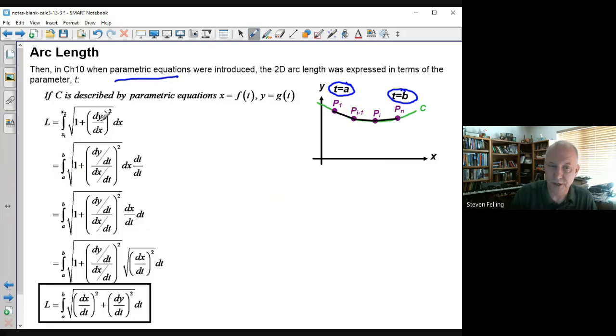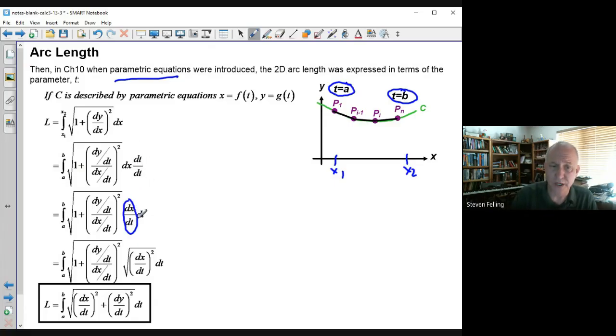Starting with what we did before, integrating from x1 to x2 with respect to x, if you divide top and bottom by dt and multiply by dt over dt, you can slide this dt over here and get dx/dt.